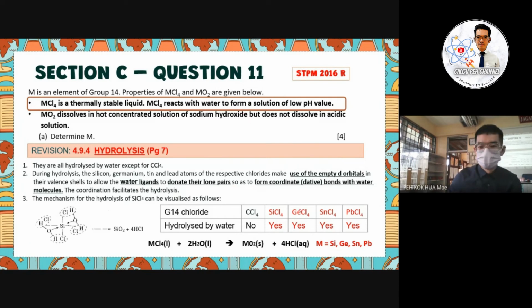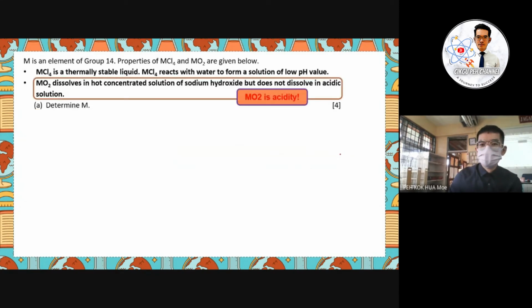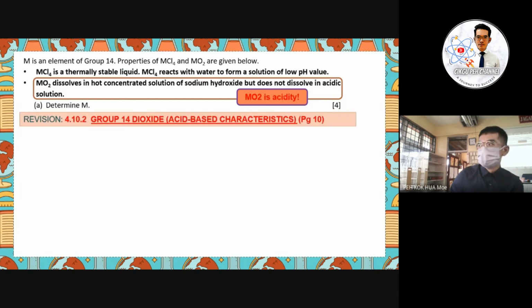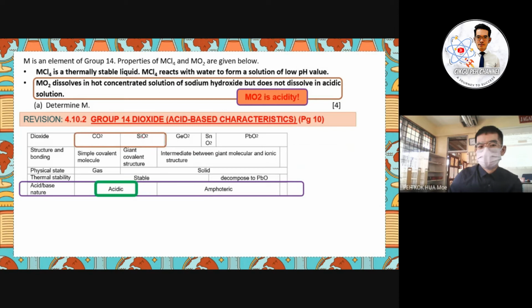So for the first statement, we are very clear that N is not carbon tetrachloride, it will be another one. Second, you can see the N dioxide dissolves in hot concentrated sodium hydroxide solution. So that means this is acidic. Based on this, carbon dioxide and silicon dioxide will be acidic. But from the first statement, we know already it is not carbon, so there will be silicon dioxide. You see, acidic gives two possibilities.